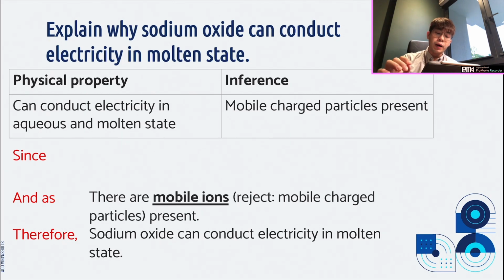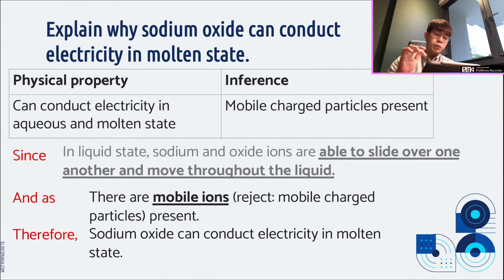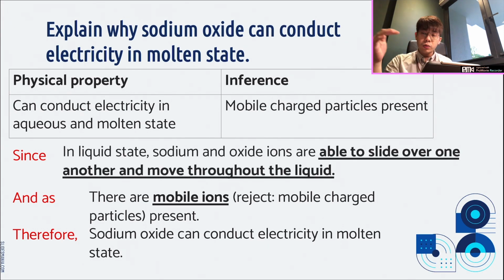In ionic compounds, we need to call them mobile ions and not mobile particles. So, there are mobile ions present. And why are there mobile ions present? It's because in the liquid state, sodium and oxide ions are able to slide over one another and move throughout the liquid. And because these ions can move throughout the liquid, there are mobile ions.